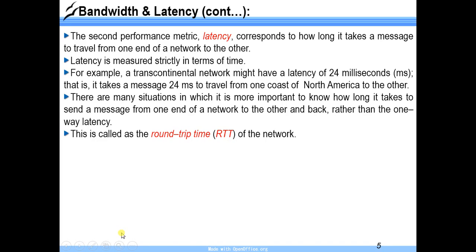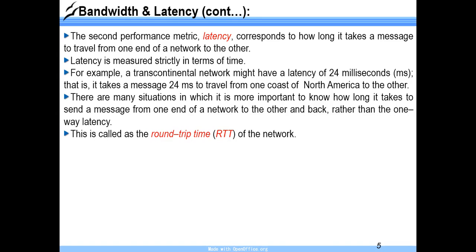For example, in a transcontinental network which has a latency of 24 milliseconds, it takes a message 24 milliseconds to travel from one coast of that network, in this case North America, to another point in that network.